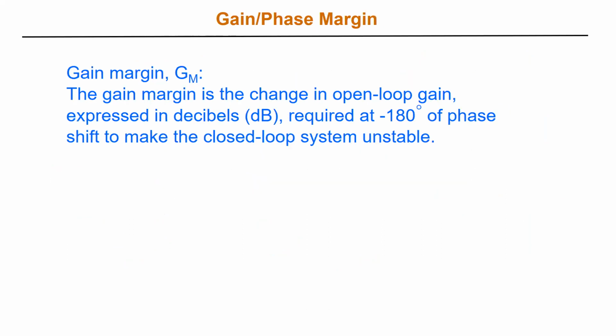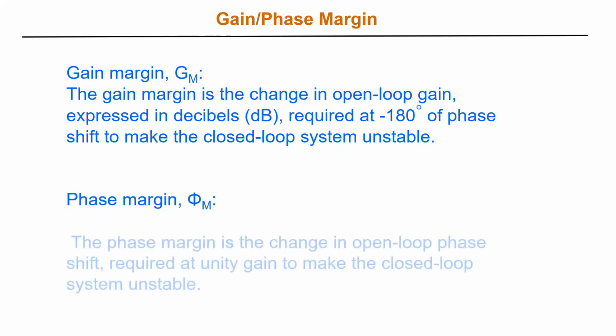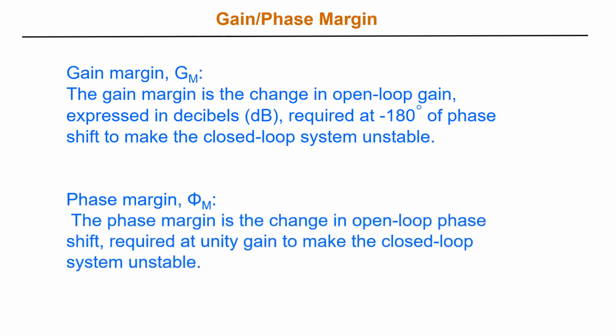The way it's been defined, the gain margin is a change in the open loop gain, expressed in decibels, required at -180 degrees of phase shift to make the closed loop system unstable. And the phase margin is how much phase I can add to the system before it also becomes unstable.